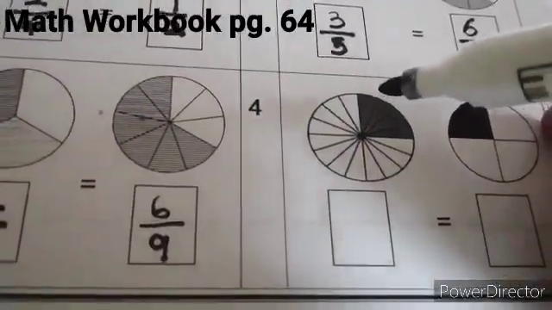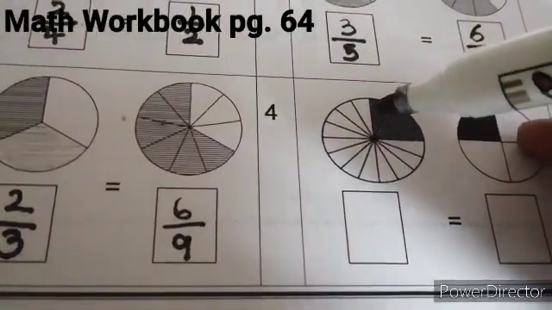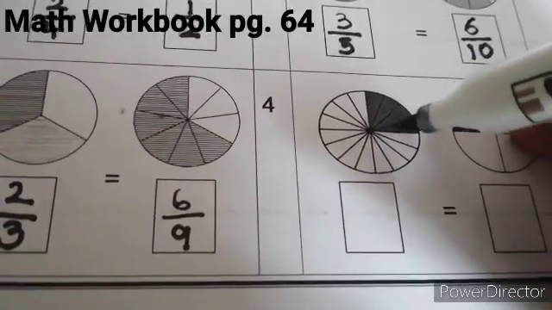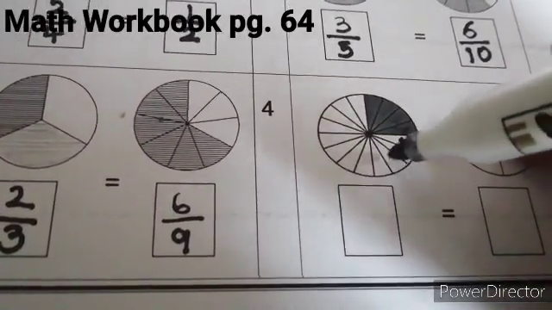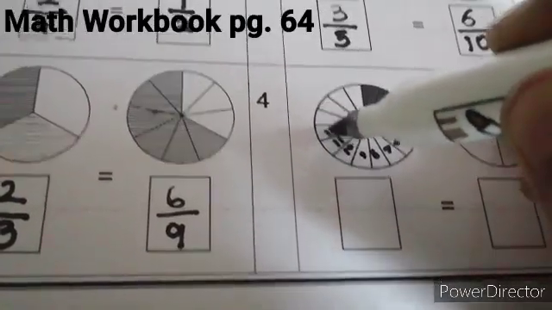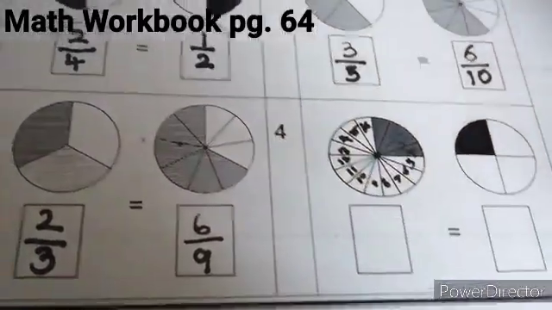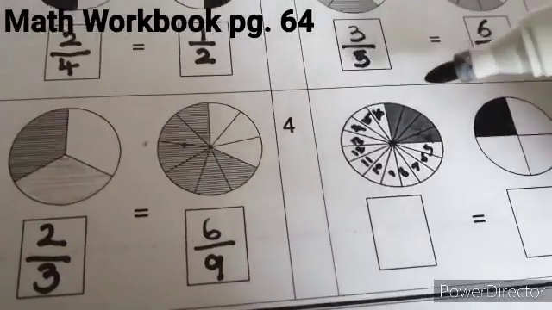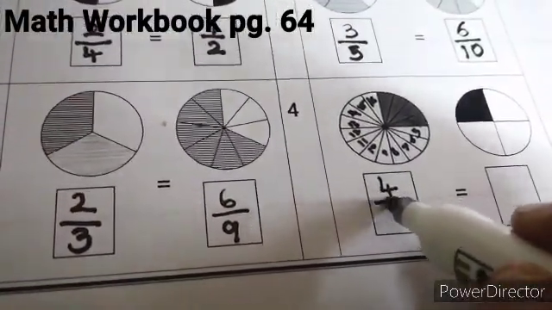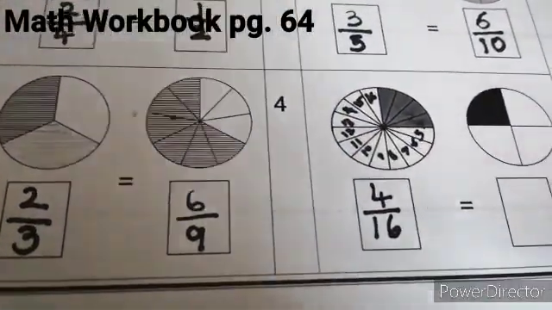If you have confusion counting, what you can do is put a dot with your pencil or write the numbers. 16 parts, and how many are shaded? 1, 2, 3, 4. So the fraction is 4 by 16. Wow, that's a big number.